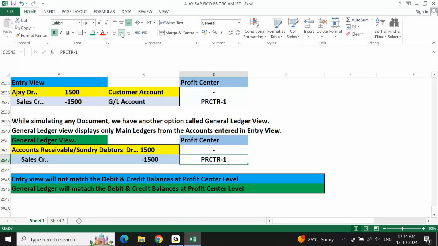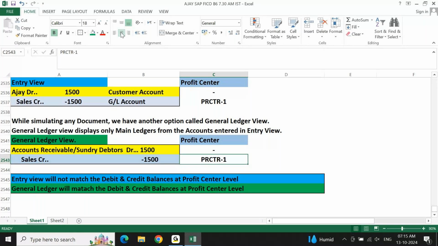It is like you are playing with a dummy car, because it is not actually traveling anywhere. You have to make sure your accounting document is always posted with profit center on the debit and credit. No excuses here, no exceptions here. Do not even think this is a practice system so it is okay. Anywhere it is not okay. Even when you are practicing, it is strictly not okay.